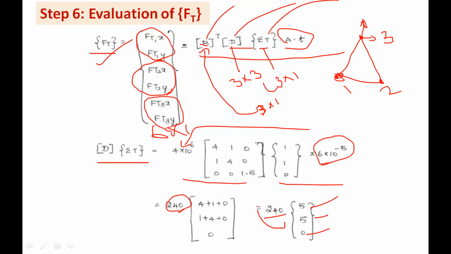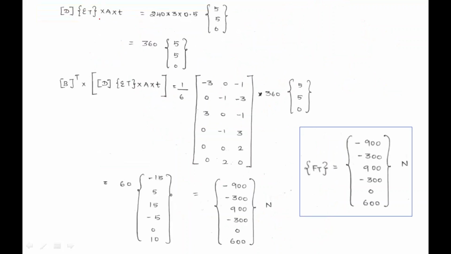Now this matrix should be multiplied with B transpose and At. Let us see. First we are multiplying the volume of the element. So 240 constant multiplied with the area 3 centimeter square, thickness 0.5, then 5 5 0. We are getting this value as 360, 5 5 0. You can take this 5 also outside this matrix.